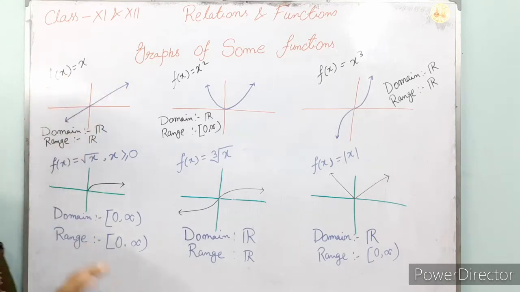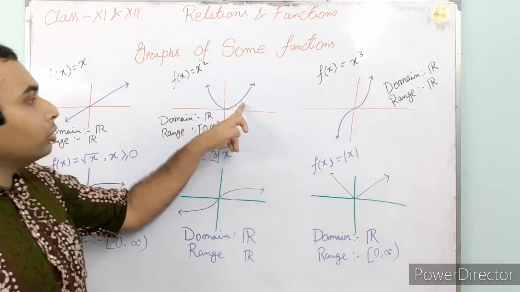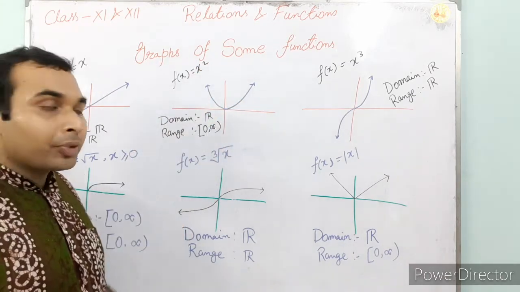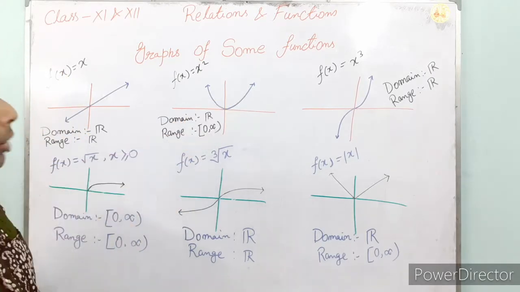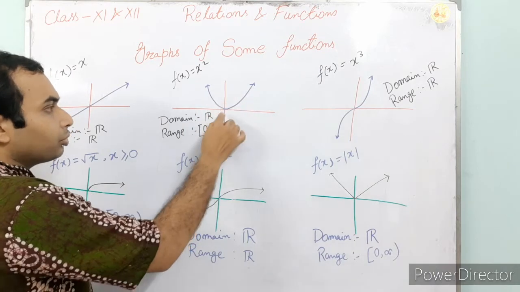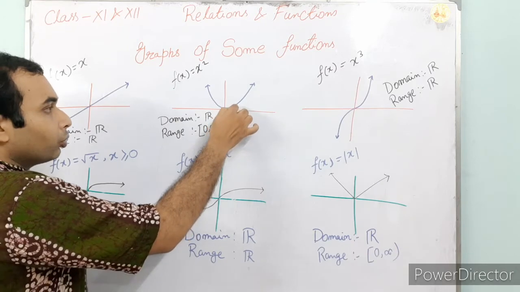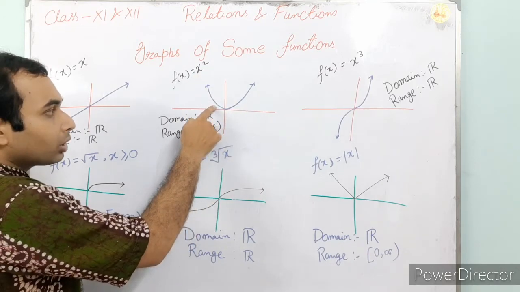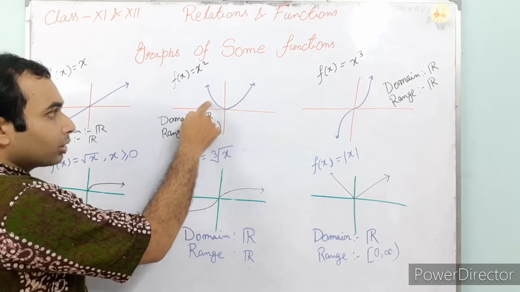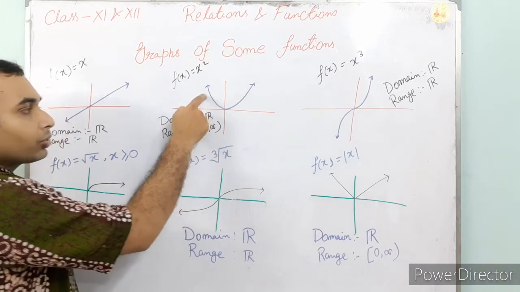f(x) = x squared. Whatever value of x you take, it will go in the positive direction. Actually it is called the parabola. Suppose you take x equals 0, then it is obviously 0. 1 squared is 1, minus 1 squared is also 1, 2 squared is 4, minus 2 squared is also 4, 3 squared is 9, minus 3 squared is 9 also.